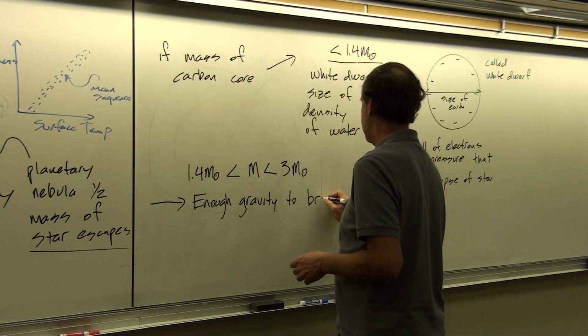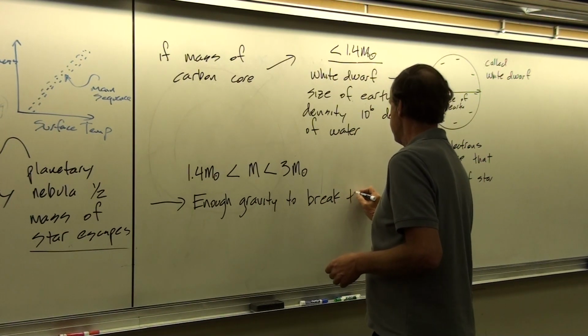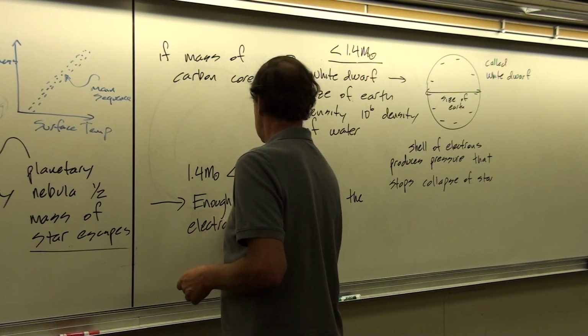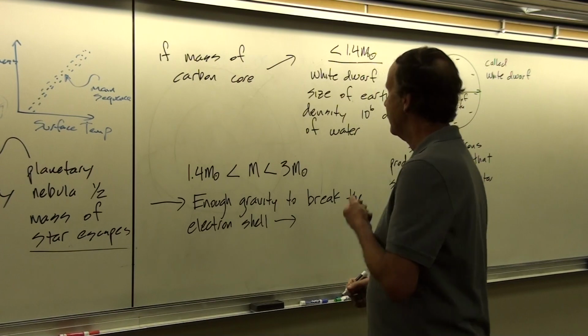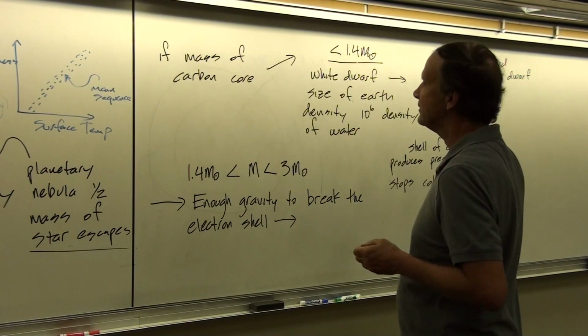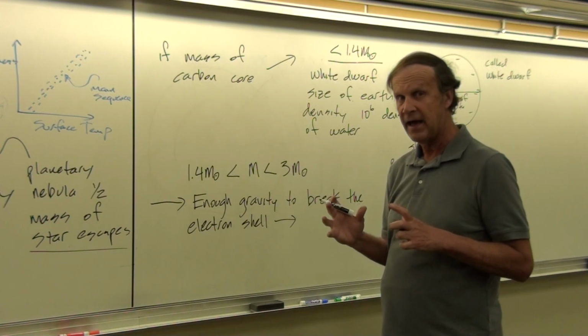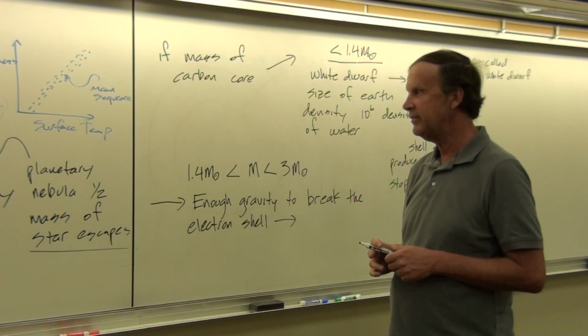Like breaking the shell of an egg. And so that means that carbon is not the last state of matter that this star can have, but rather it can start turning into even heavier elements.